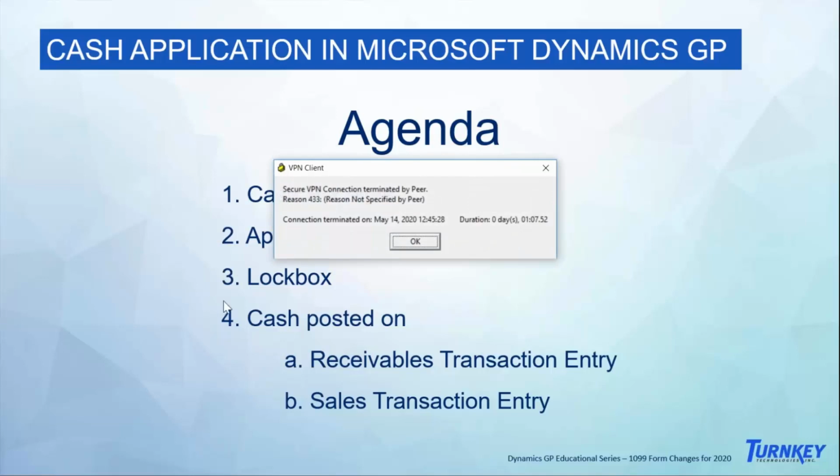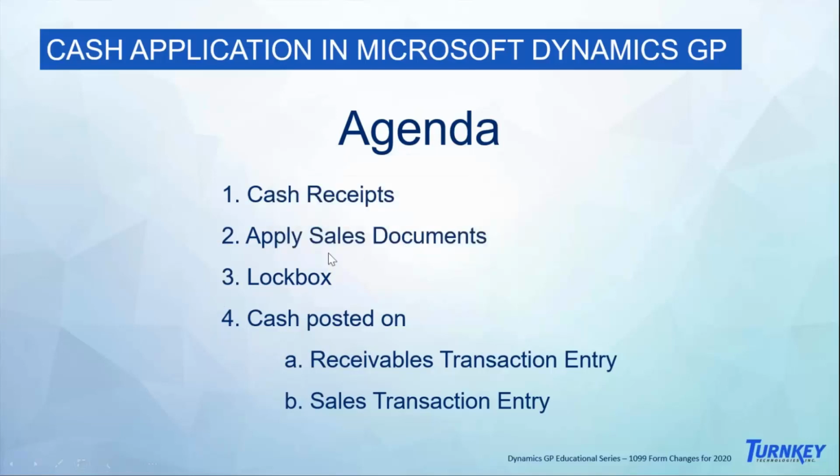So we're going to talk today about cash receipts. We're gonna go through the cash receipts window, and we're gonna actually do a couple cash receipts. We'll also talk about apply sales documents. As part of the cash receipt process, you apply cash. You apply the cash to an invoice, an open invoice. So we'll go into the apply sales documents.